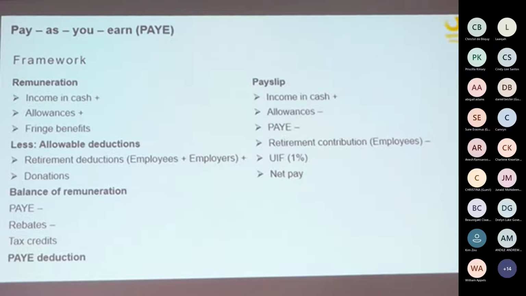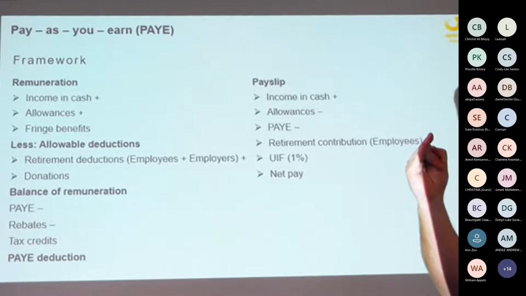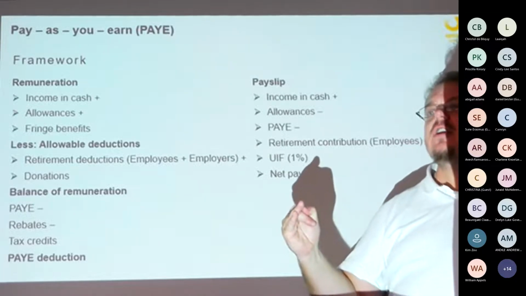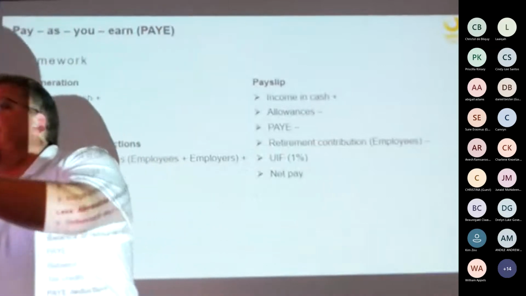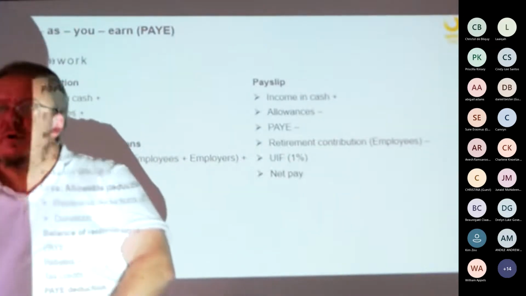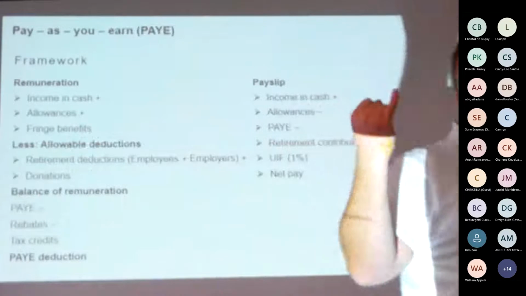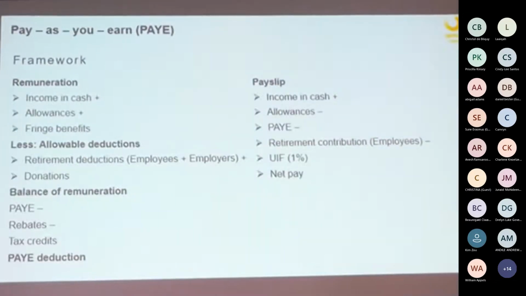Cash is physical money that you get. Allowances is something that you get that you have to use for a specific purpose. So in the first one, you get your cash income. If I get 20,000 rand a month, I pretty much can do with that what I want.